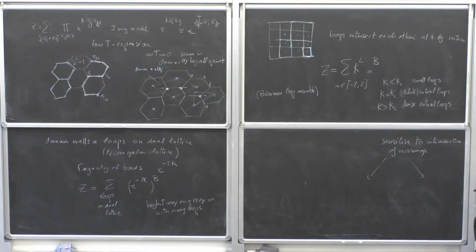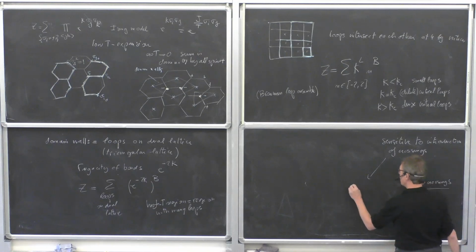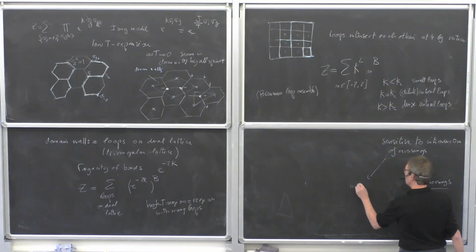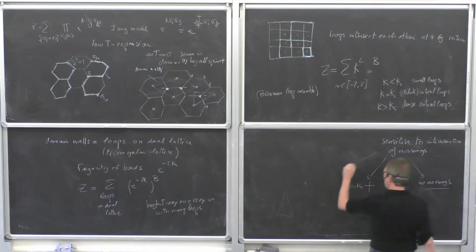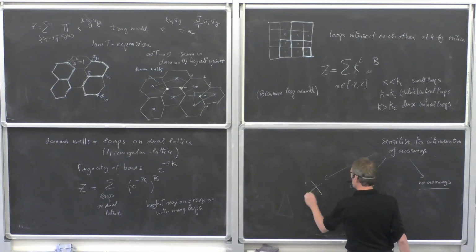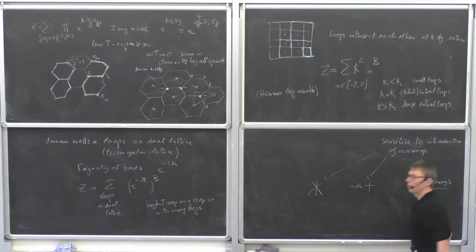There is the case without crossings, which is essentially the one I'm going to focus on. And then there would be the case with crossings of this type. And then in fact, there is even, depending on the lattice, another universality class where six-leg crossings occur.